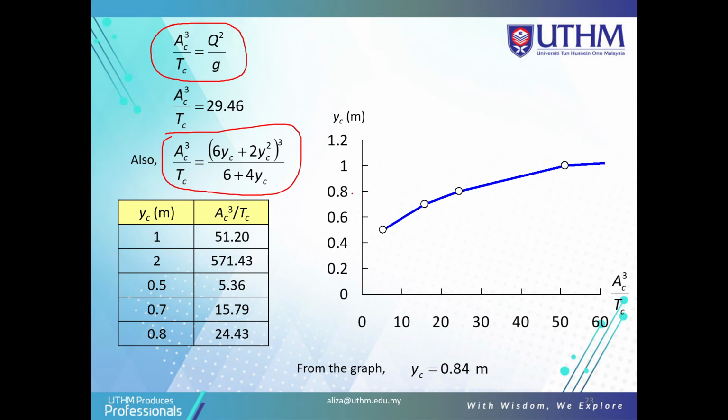At 0.7, you get the 15.79, and at the 0.8, you get 24.43 here.